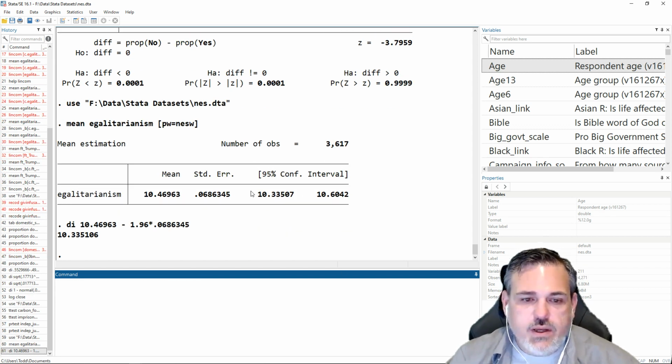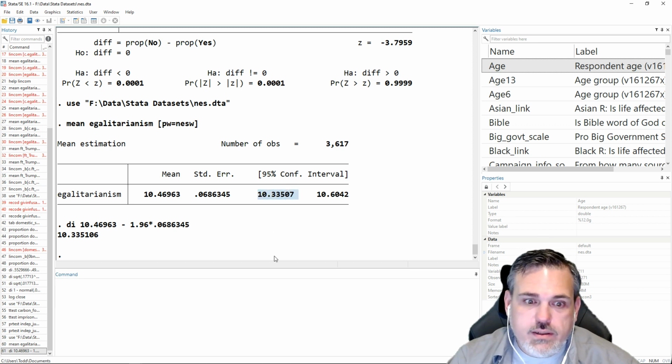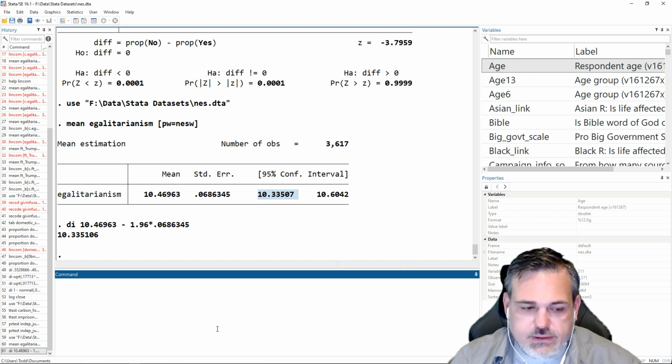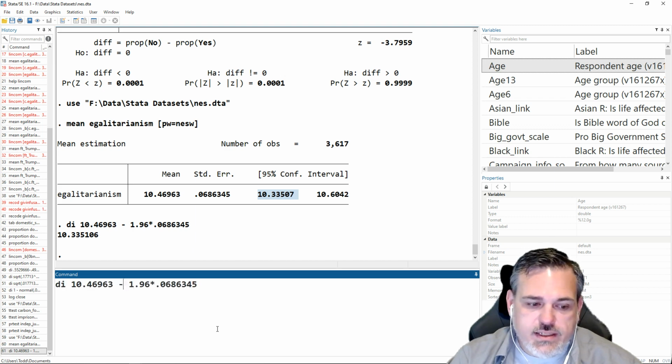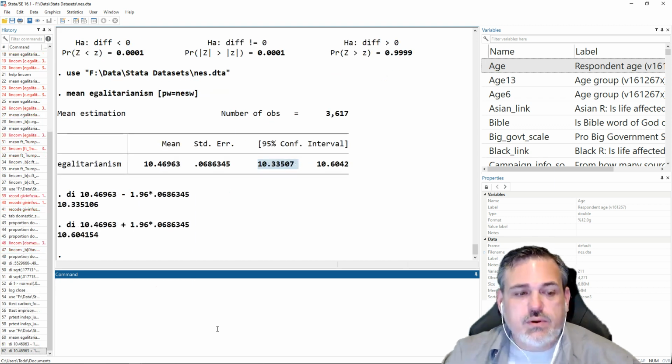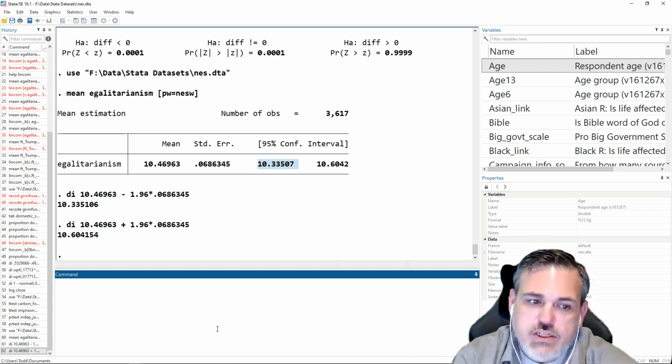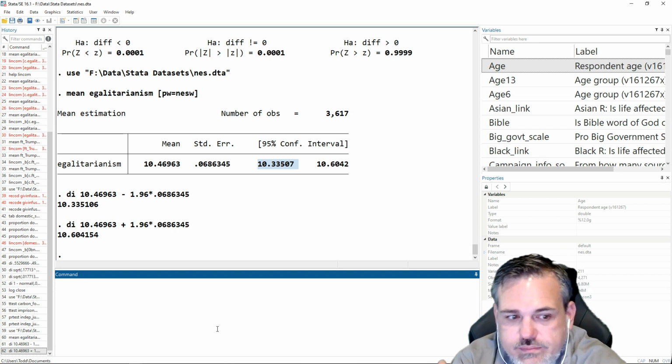And you're going to see that we come up with, rounded, the bottom of the confidence interval. To get the top of the confidence interval, we're simply going to add it, and you see how we create that confidence interval.